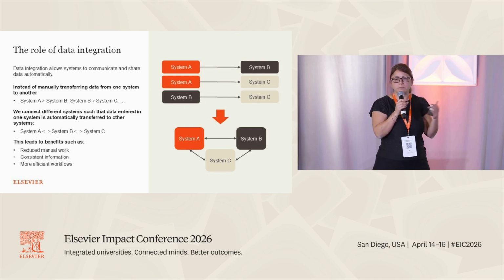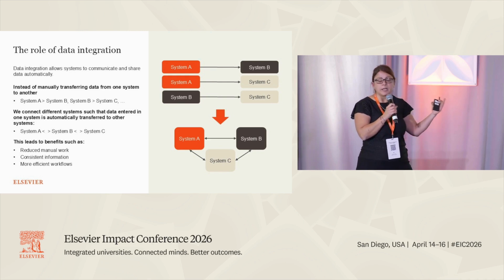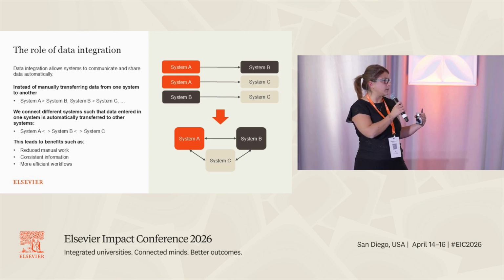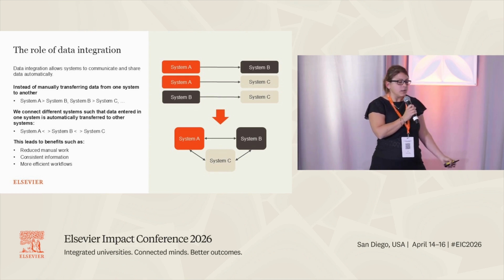So you have 3 systems A, B, and C, and you manually have to transfer data from system A to B, system A to C, for example, and system B to C. And these are 2 separate works that have to happen.